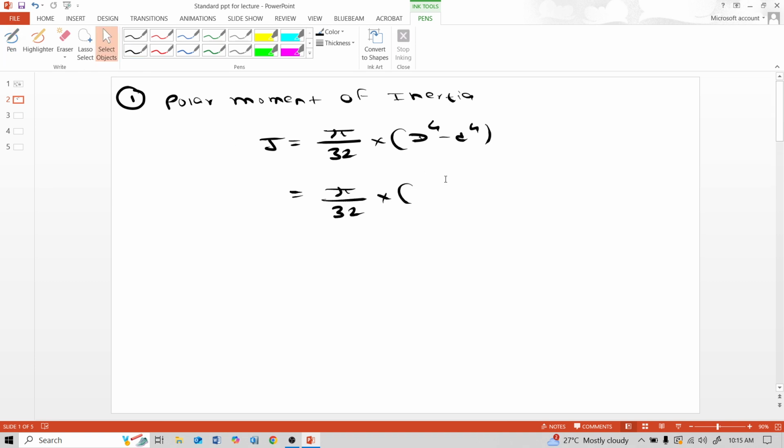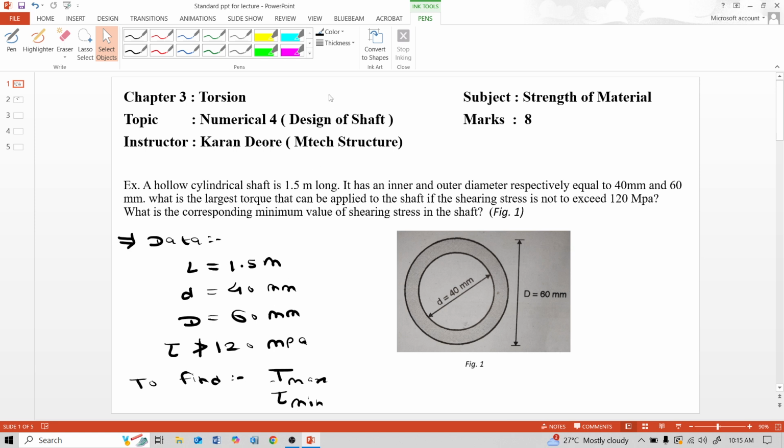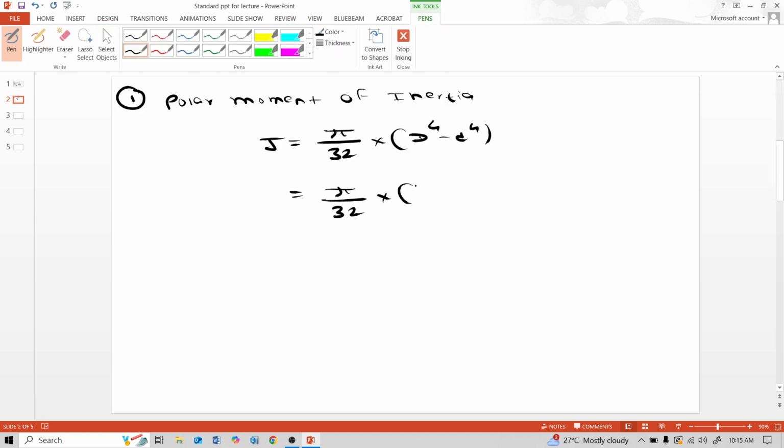External diameter is 60 and internal diameter is 40. So 60 raised to 4 minus 40 raised to 4, times pi by 32.